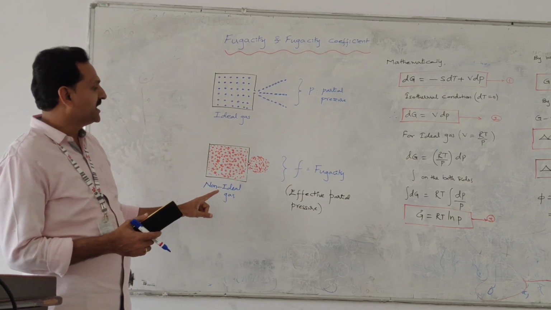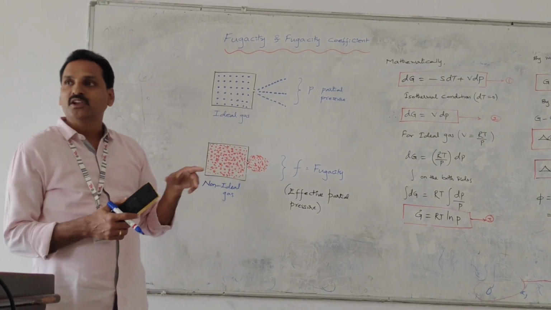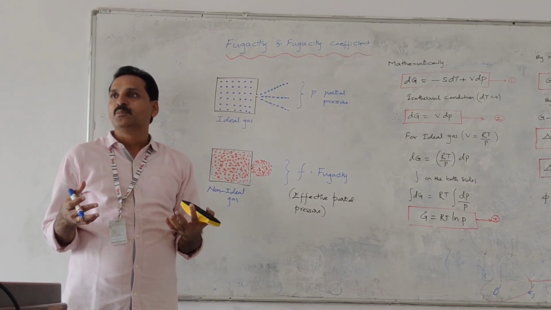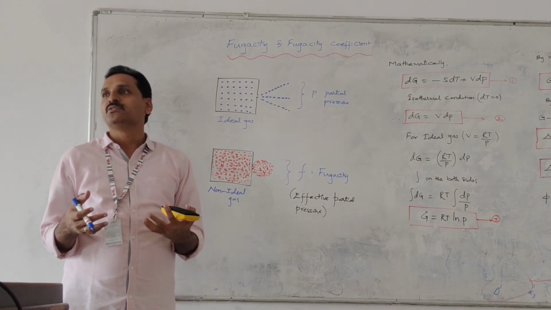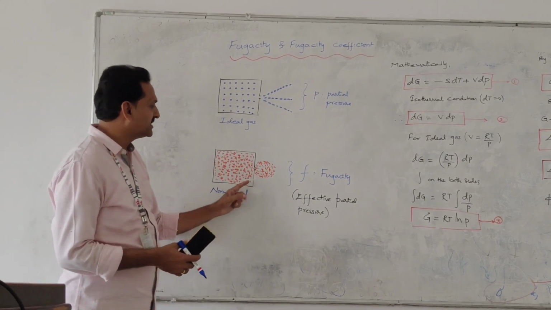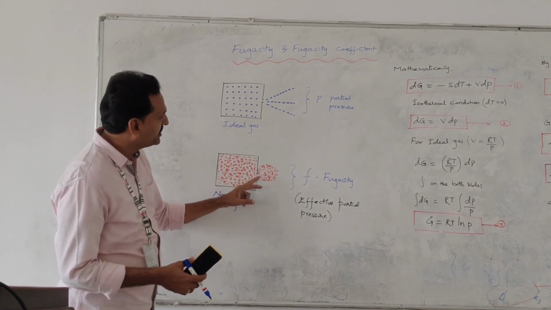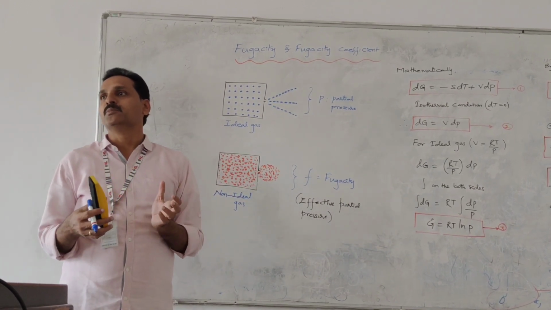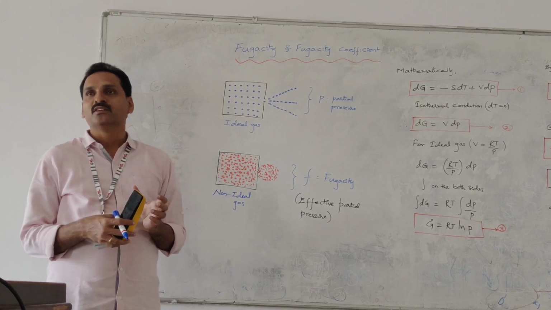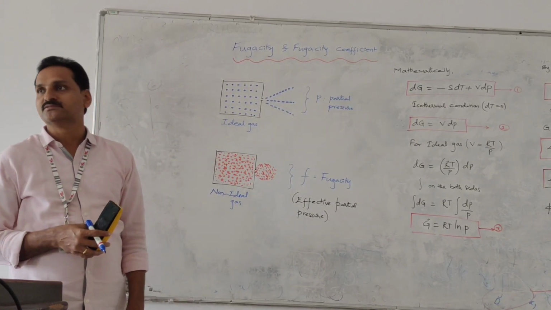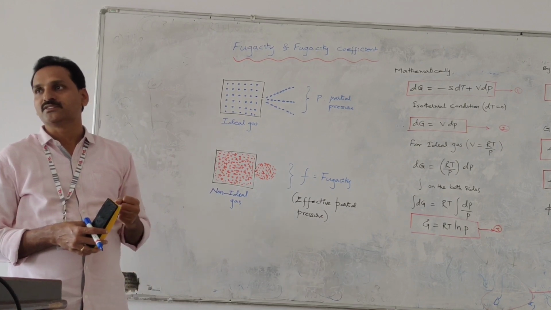Whereas non-ideal gas molecules do have inertial forces and viscous forces between the molecules due to interatomic forces. If you release the cap of the cylinder, the molecules move in a zigzag motion with turbulent behavior. So those concentrations cannot be measured using partial pressure in the case of non-ideal gases.